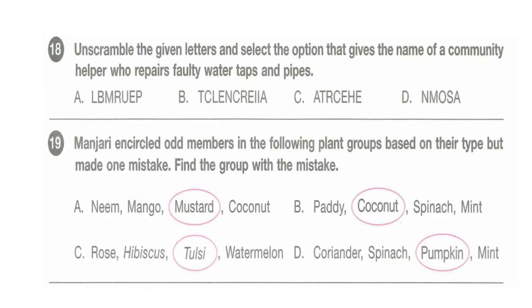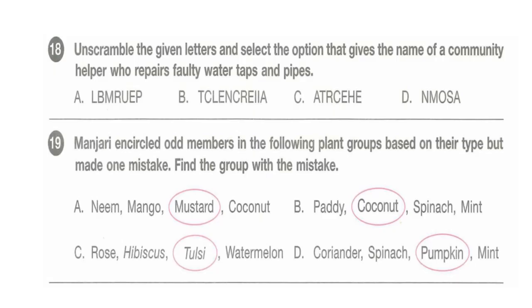Question number 18. Unscramble the given letters and select the option that gives the name of a community helper who repairs faulty water taps and pipes. So options are the unscrambled letters given.